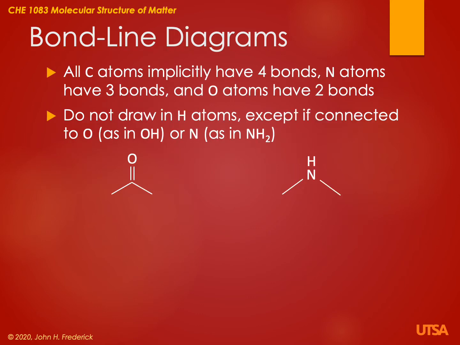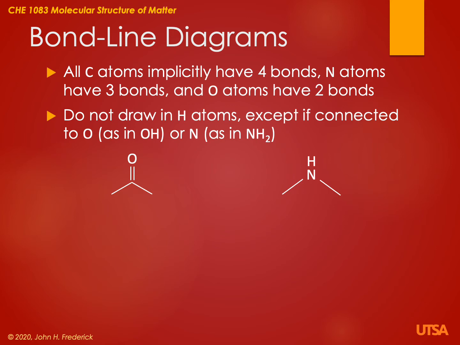So here's a couple of other possibilities, and again we're going to note that all carbon atoms implicitly have 4 bonds, all nitrogen atoms have 3, and all oxygen atoms have 2. So we're not drawing the hydrogen atoms unless they are connected to oxygen or nitrogen. So that could be OH or NH2, for example.